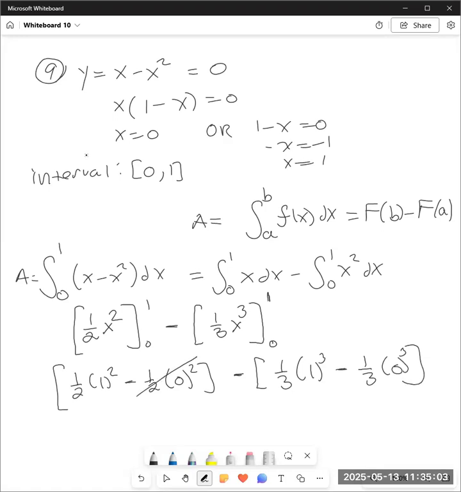Okay, those parts with the zeros multipliers become 0. So this is 1/2 times 1 minus 1/3 times 1, which is 1/2 minus 1/3, which is 3 minus 2 over 6, which is 1/6 for my area.